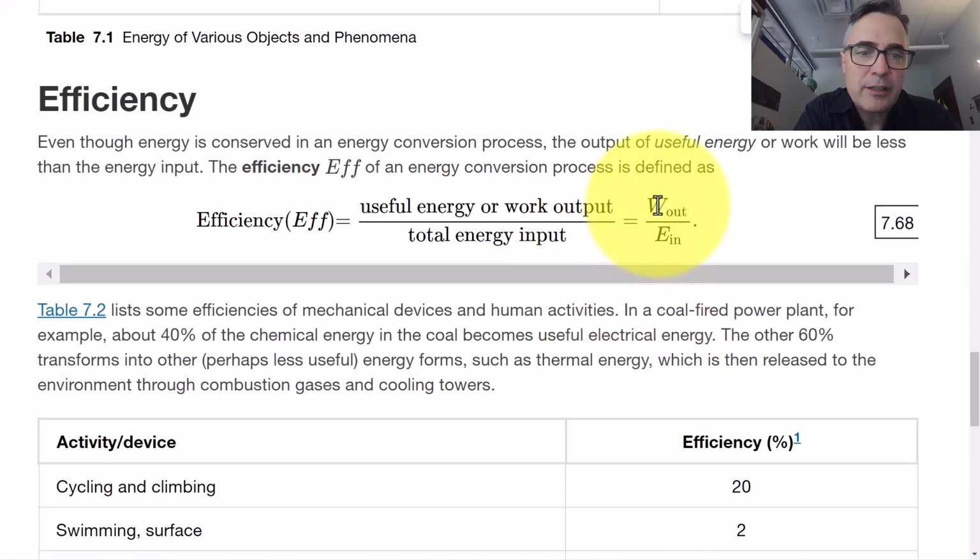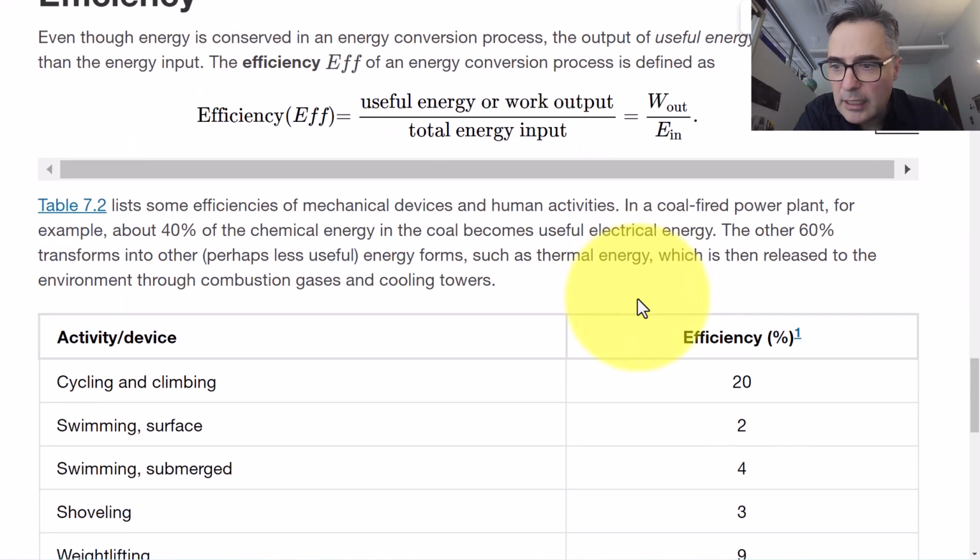So you take this number, multiply it by a percentage. But really, for example, cycling and climbing, what that does is it produces a lot of these other energies, like thermal energy, which doesn't end up being used for what you're trying to do, which is cycle somewhere. So cycling and climbing is 20% efficiency.